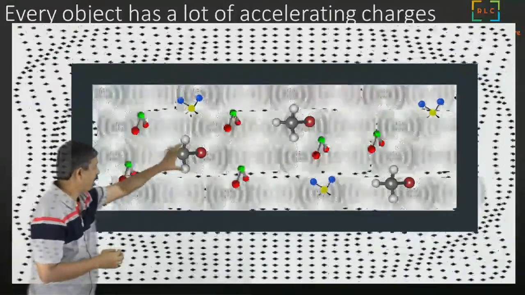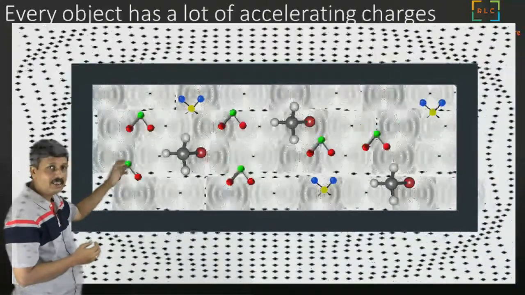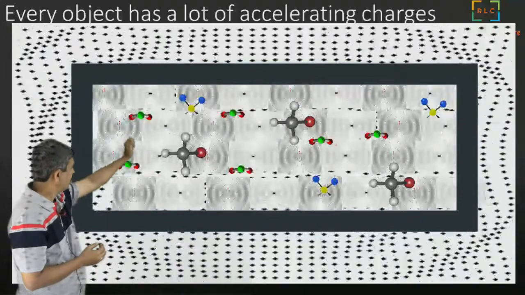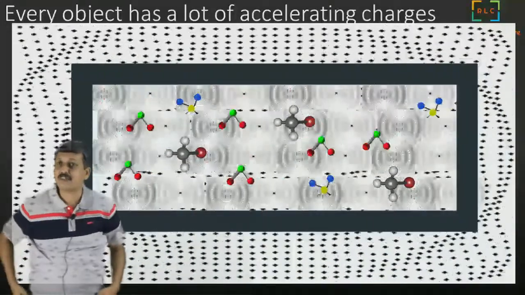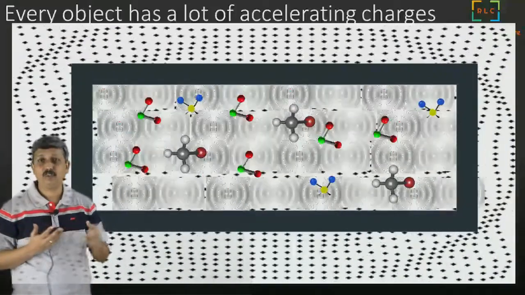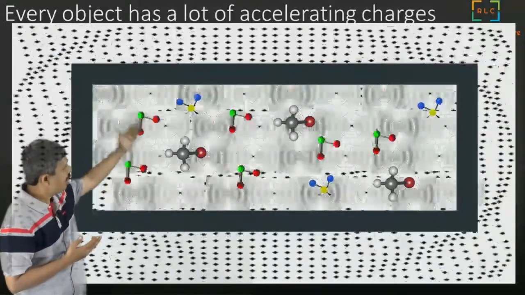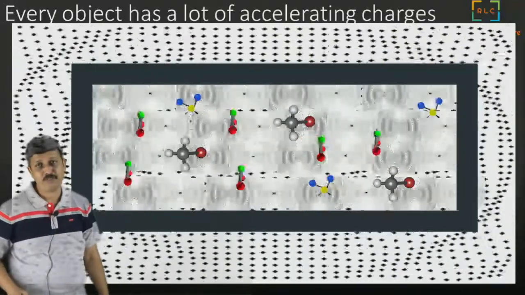So inside the whole of an object, you can see that there is a lot of jiggling around. And every such jiggle actually sends out a radiation, what we call an electromagnetic wave. So an electromagnetic wave comes out of every charge jiggle, and that is what this picture is showing you.